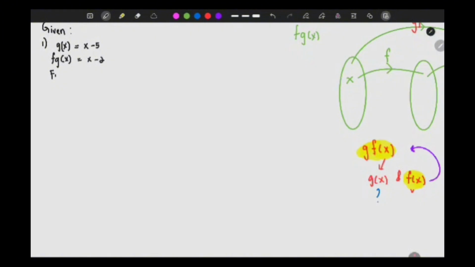This is the question, guys. Find the value of FX. I think for my next question I also didn't write the question. Find the value of FX. So I'm given my FGX, I've got my GX, and now I should find out my FX.